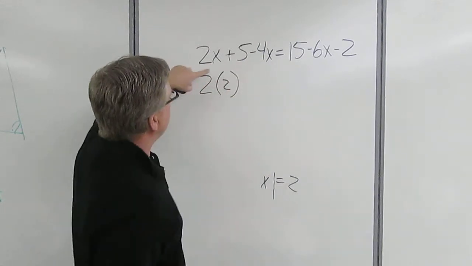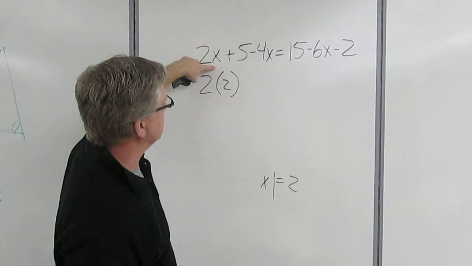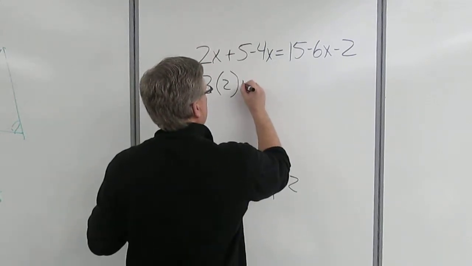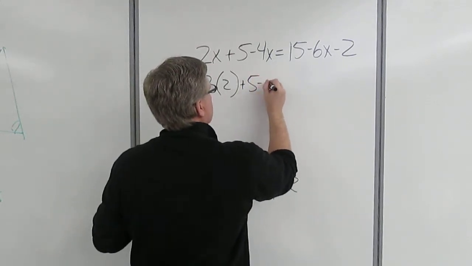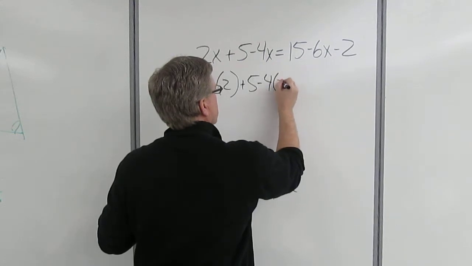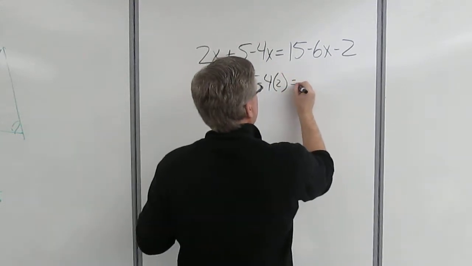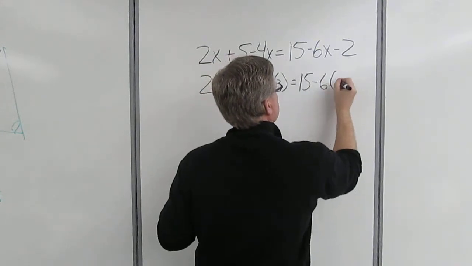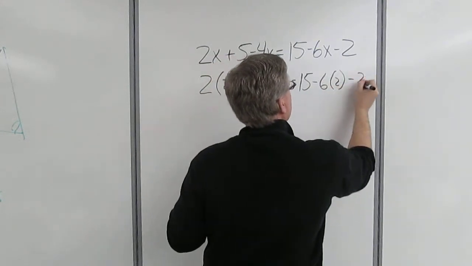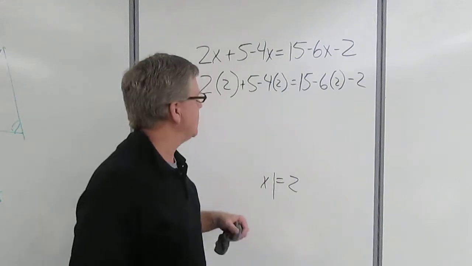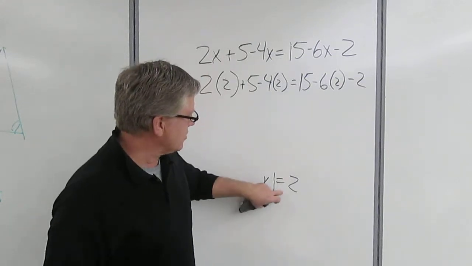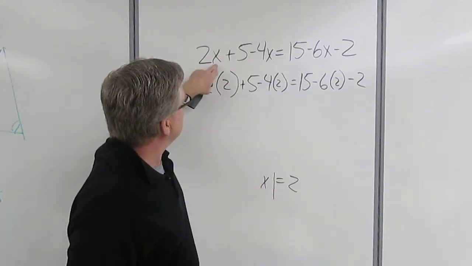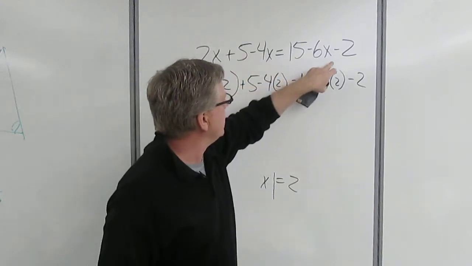We're going to put 2 in for everywhere that x is. Plus 5 minus 4 times 2 equals 15 minus 6 times 2 minus 2. Okay? Does that make sense? We substituted x equals 2. We substituted 2 in here, 2 in here, and 2 in here.